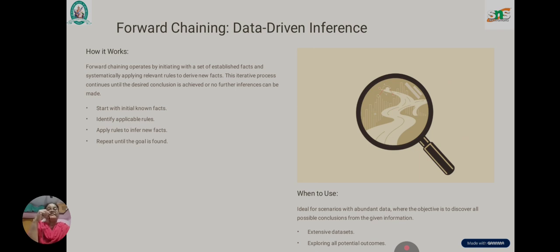We identify what set of rules we have and apply them, the main purpose being to derive new facts. This step is repeated until we can't derive more facts and we reach the goal. Once the goal has been reached, we can stop the process.